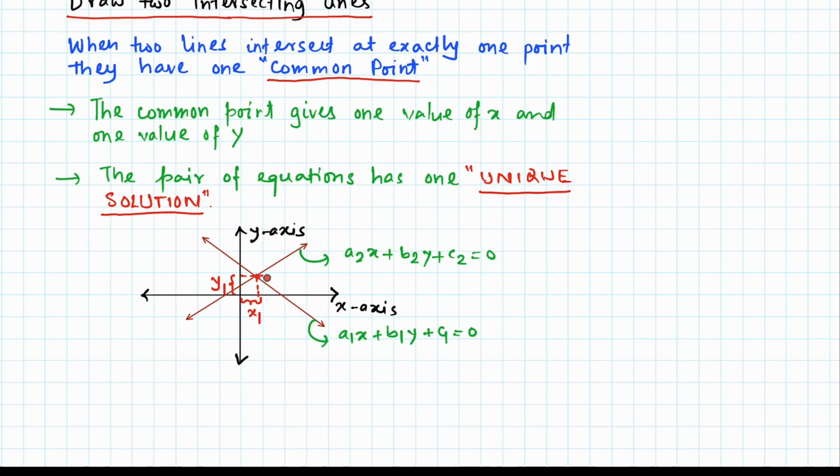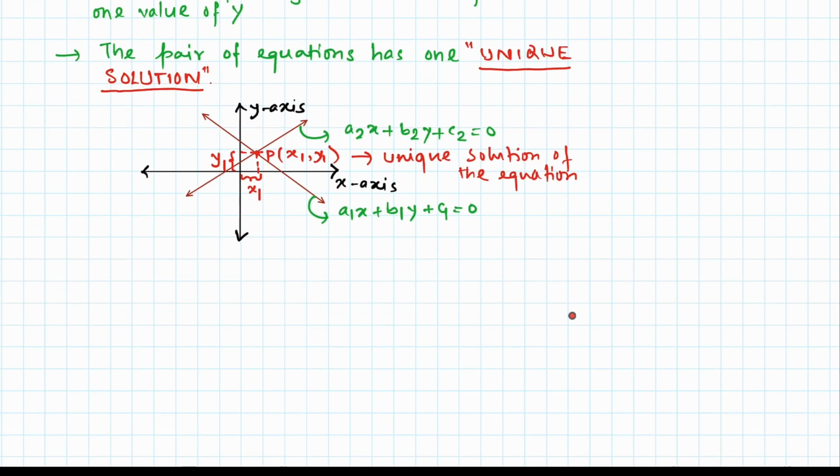We call it x1, y1. This point P, the common point where the two lines intersect, that is P(x1, y1), gives the unique solution of the pair of equations.